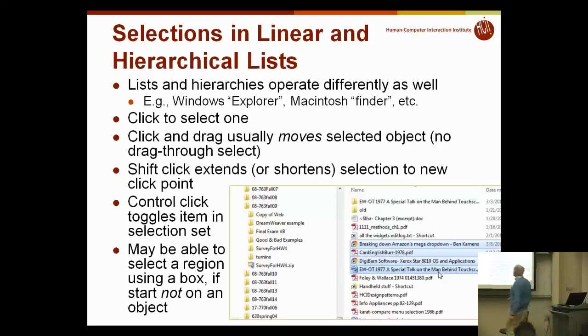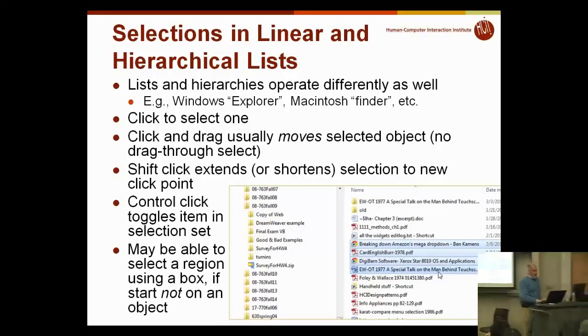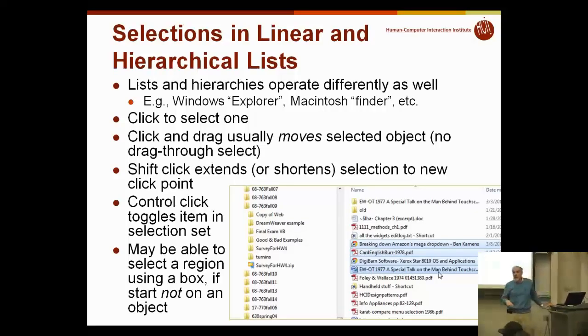It's a standard way of doing things. Typically, in file hierarchies, you click to select one just like everybody else. However, just like graphical objects, you don't get to click and drag to extend the selection. Clicking and dragging moves, like graphical objects.